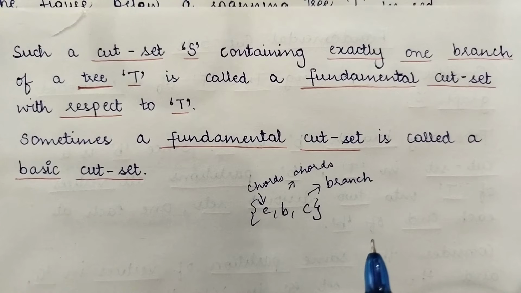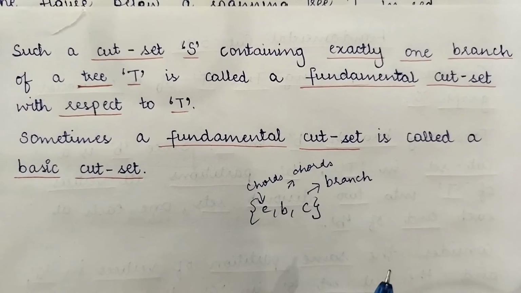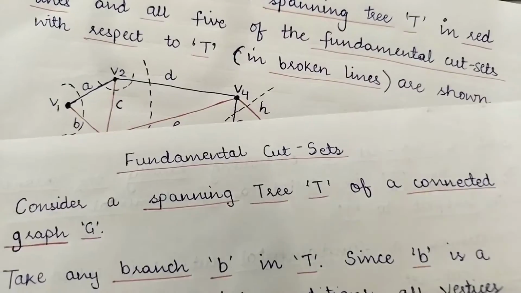Now these edges would not be branches of the spanning tree. Only one branch of the spanning tree and the rest of the edges of the connected graph, if at all they exist, which are obviously chords with respect to the spanning tree, form your fundamental cut set. So the funda is quite simple.